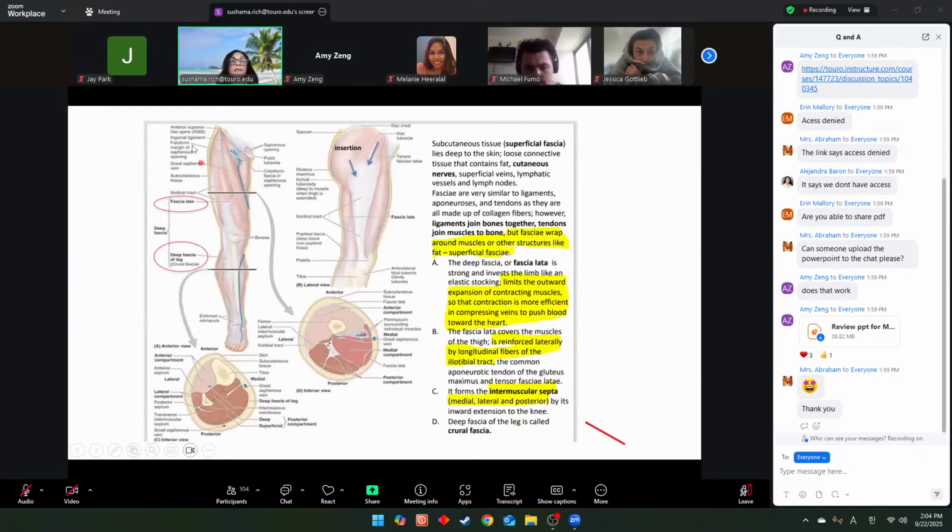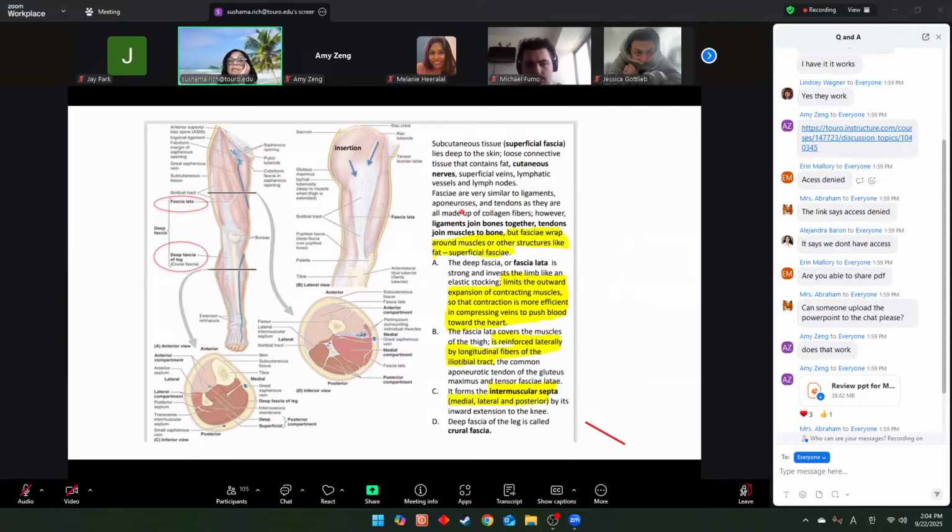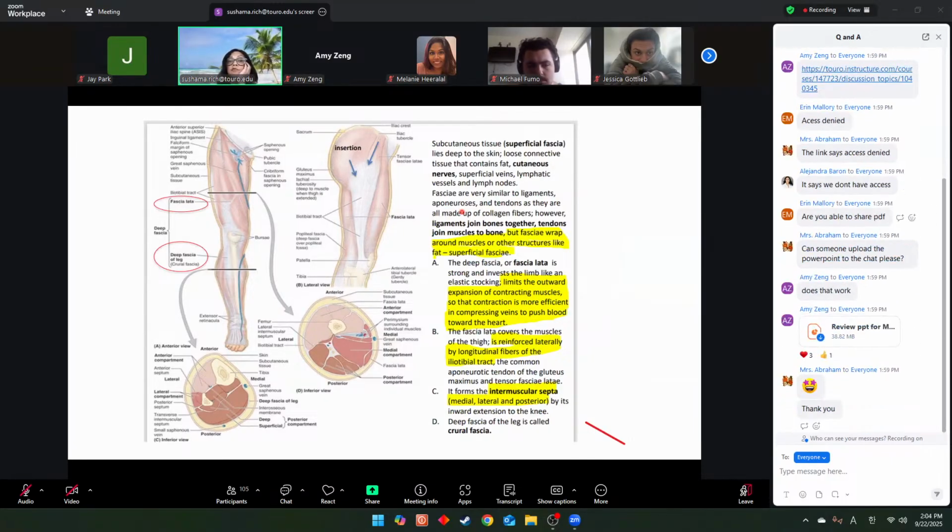Anyway, then we come to this. The deep fascia for the lower limb is exactly like a stocking, like you're putting a stocking on. If you put a stocking on and it goes from your foot all the way up to your hip, that is exactly how the deep fascia is. And the deep fascia has different names.